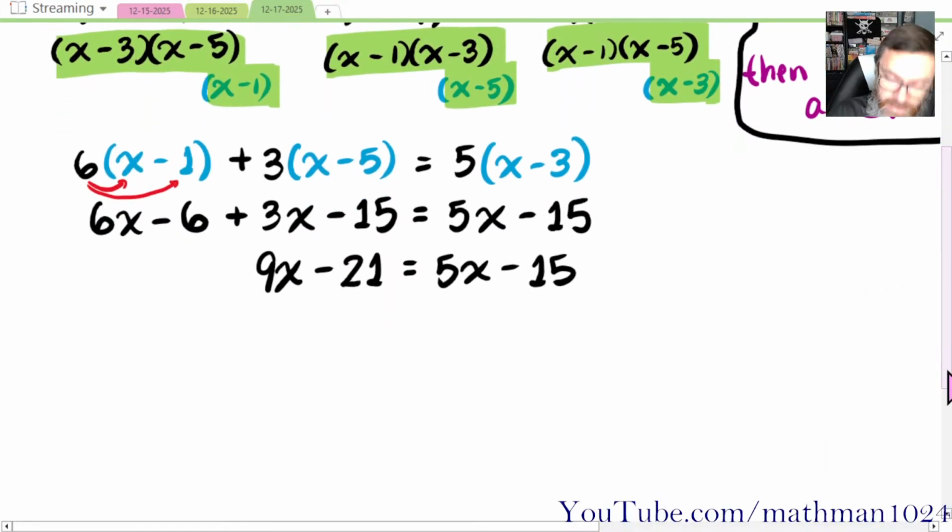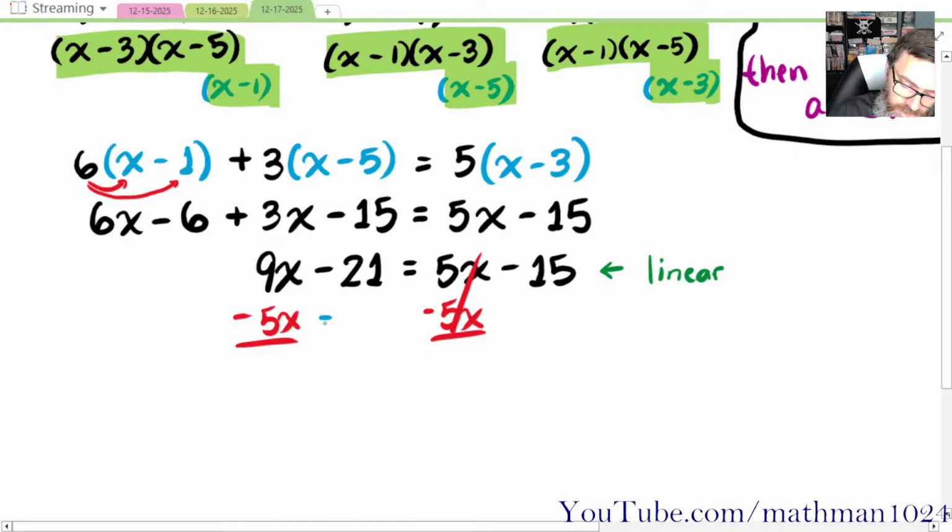All right, let's keep on going here. Once we've cleared out those denominators, or we look at the numerators and we've distributed and all that stuff, see what kind of equation you have. So I can see that this guy here is a linear equation. And when it's linear, x is going on one side, constants go on the other side. So I'm going to move my variable terms so that I have a positive coefficient, and I accomplish that by subtracting 5x on both sides.